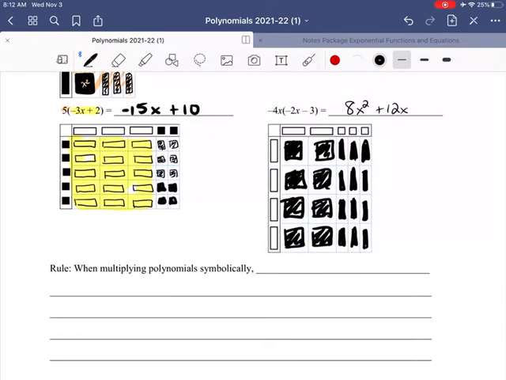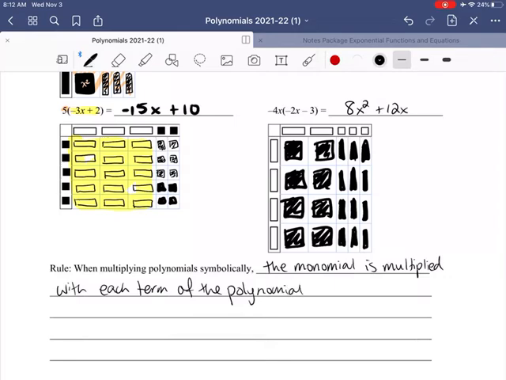So the rule is the monomial is multiplied with each term of the polynomial within the brackets.